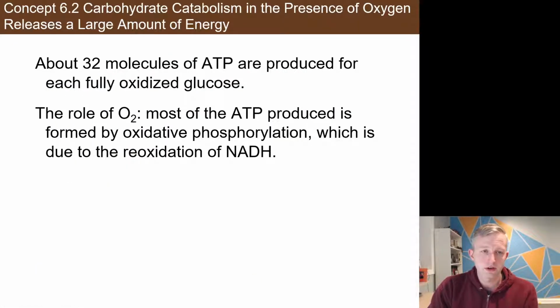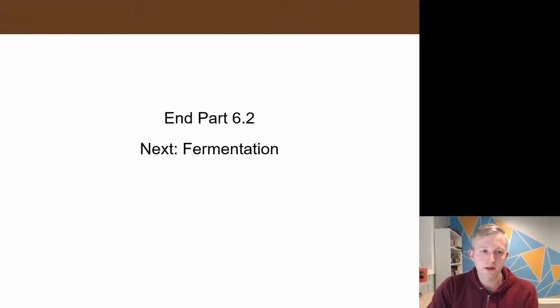You can see it referred to as 32 to 36 ATP or 32 to 38 ATP for one full round, because we are making some ATP in glycolysis, and we're also making ATP or GTP in the citric acid cycle. So don't worry about having a firm number. Just understand that it's in the 30s, and that's good enough for us.